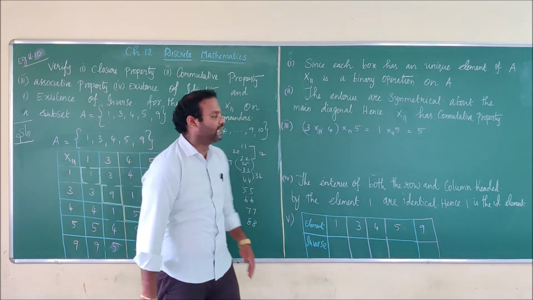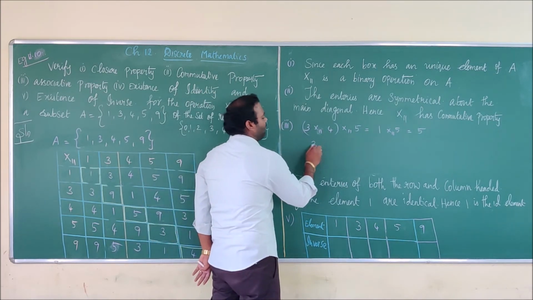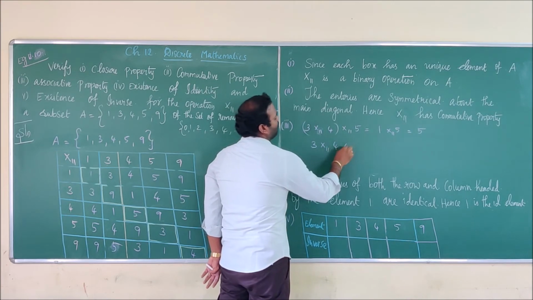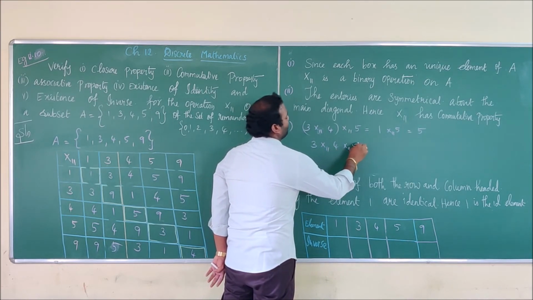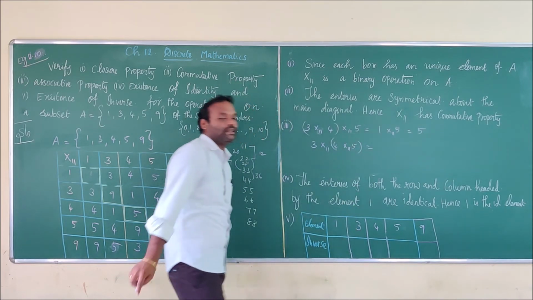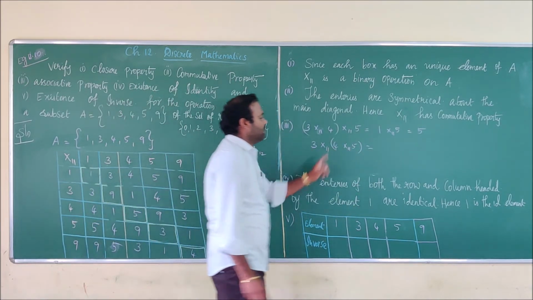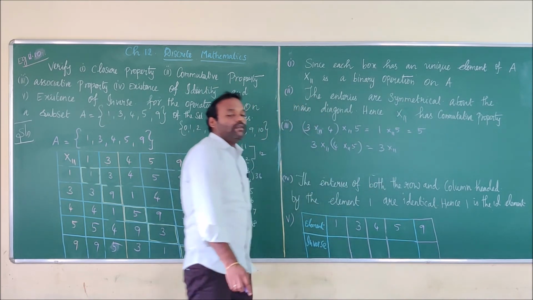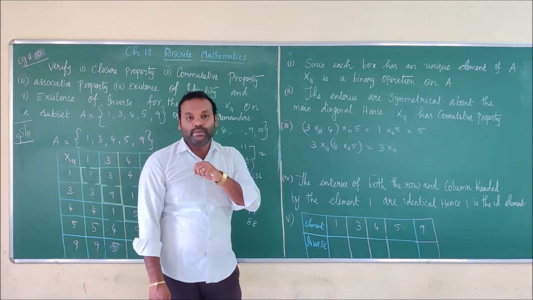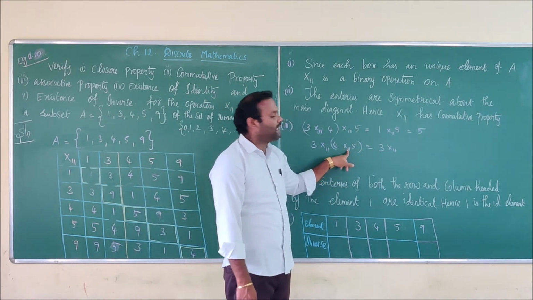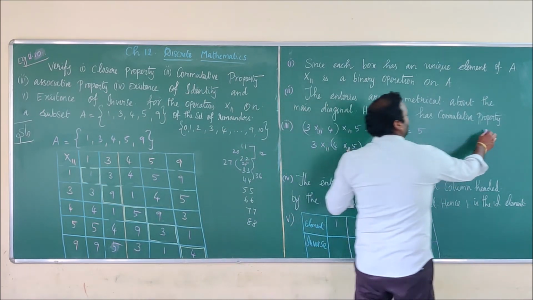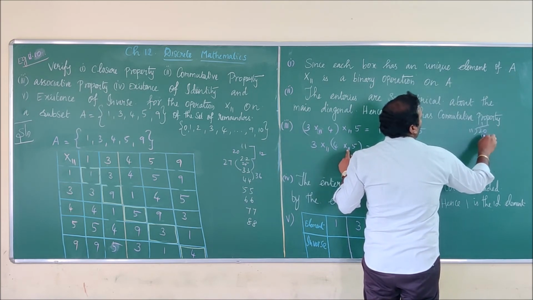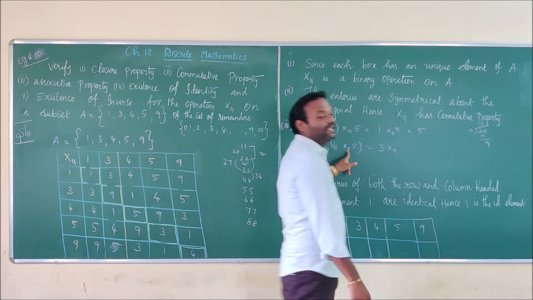Next change the bracket: 3 multiplication modulo 11 of 4 multiplication modulo 11 5. For the last two numbers, you have to use the bracket. First, 4 into 5 is 20. 20 is greater than 11, so you divide 20 by 11: 11 once is 11, so the remainder is 9.